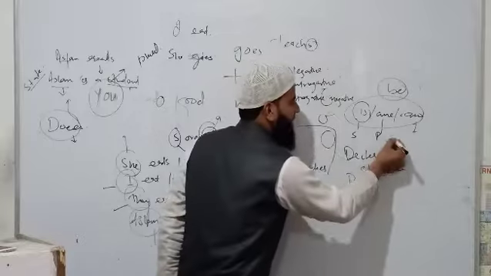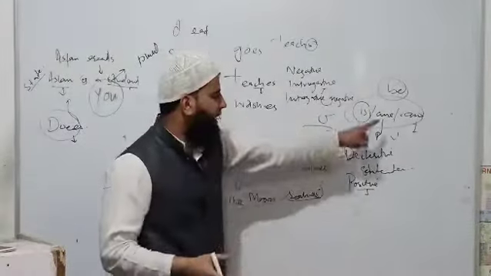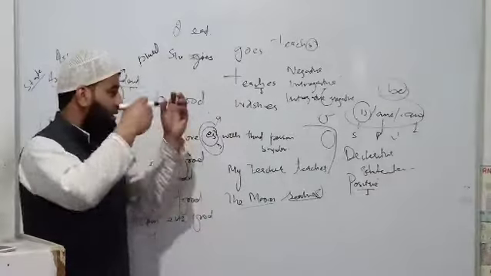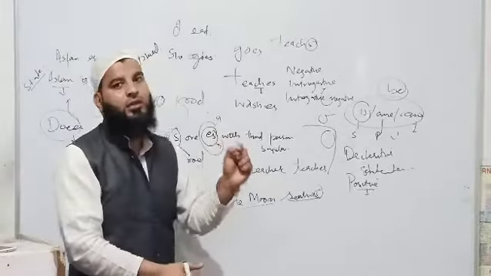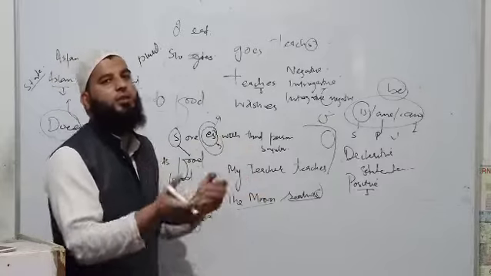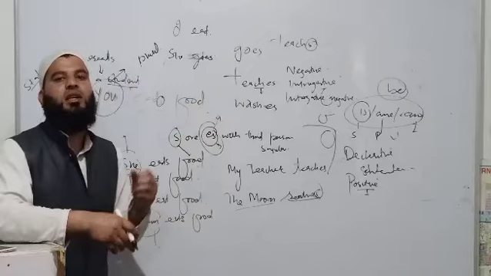The sun rises in the east: this is an action which happens daily. Milk is white: this is a universal truth. This is always true. Nobody can deny the fact that milk is white.